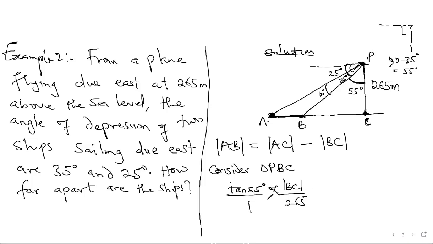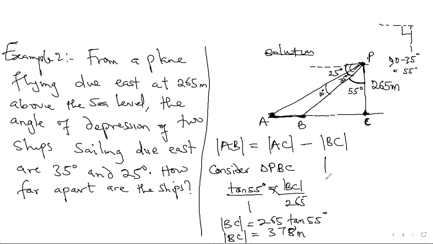Now, if I cross multiply, BC will be 265 tan 55 degrees. So that should give you 378 meters. So if you press tan 55 degrees in your calculator and you multiply that by 265, that gives you BC.